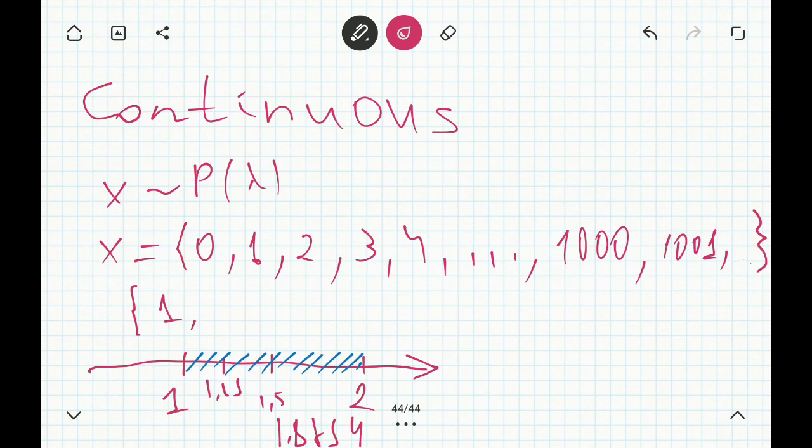But here we have all the numbers in between. And you can, for example, say, well, the next number is 1.1. But what about 1.05, for example, or 1.001 or 1.0001 and so on. So there's no way you can count all those possible outcomes.